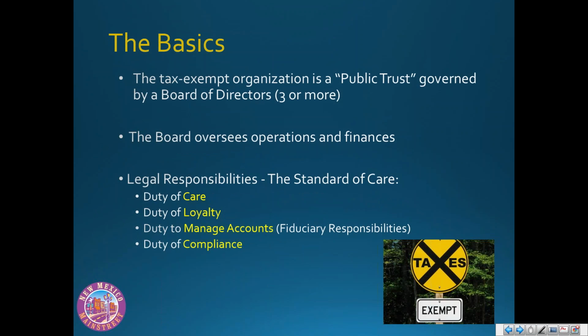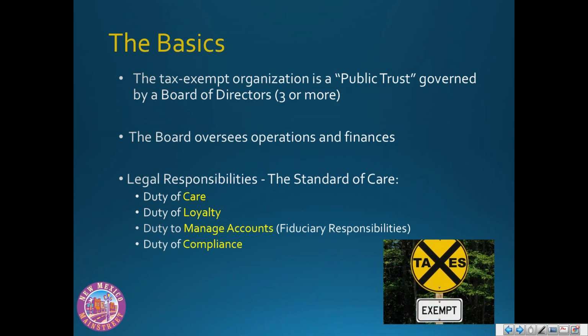Some of the basics, as most of you already know: the tax-exempt nonprofit organization is a public trust that is governed by a board of directors. By IRS law, you must have at least 3 board members for a nonprofit, and for most of our organizations, the bylaws are set up for 7 to 13 board members.